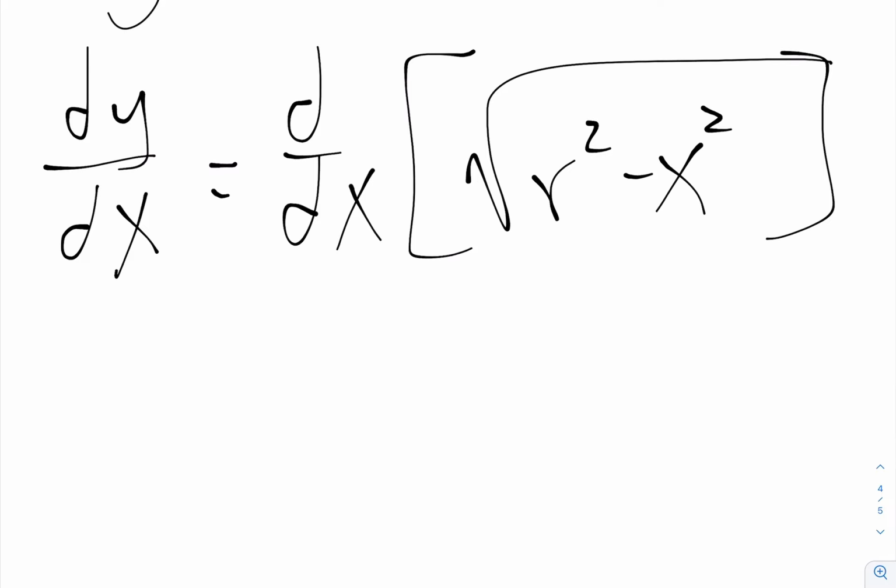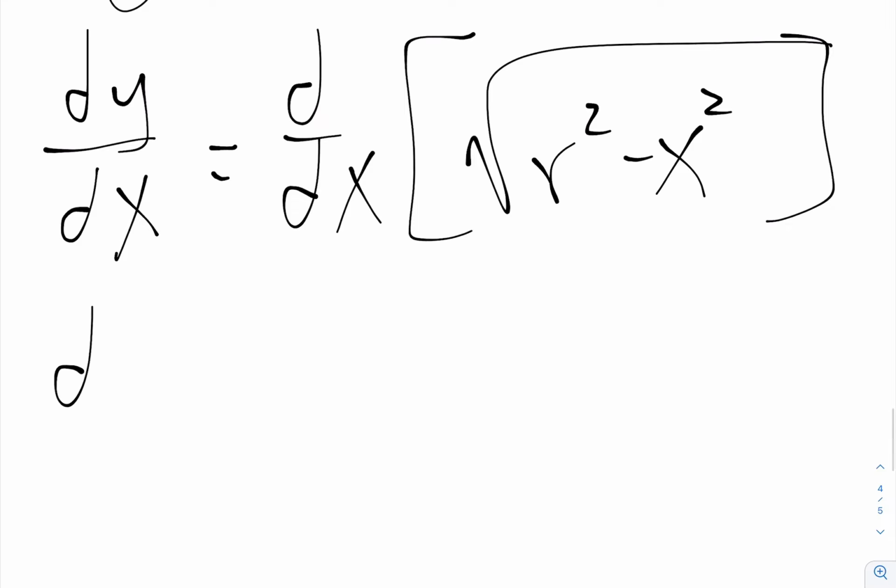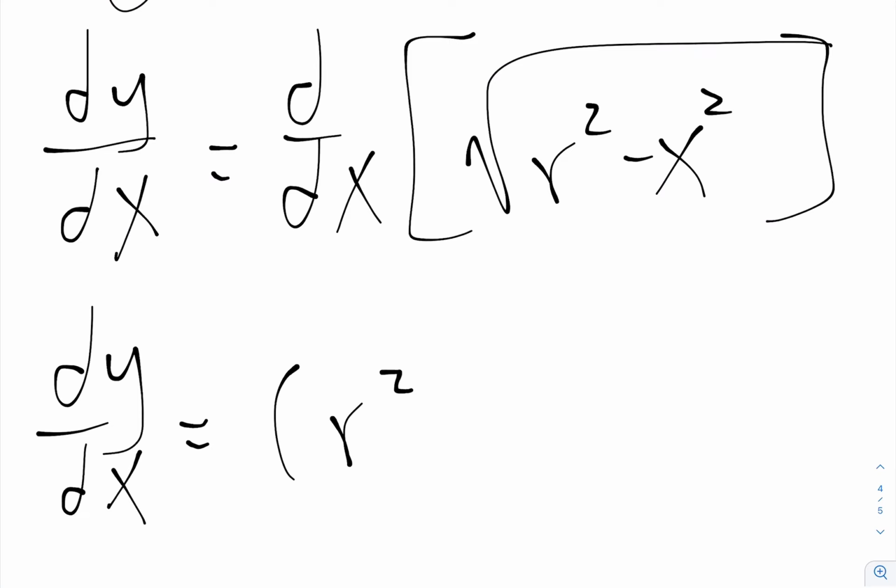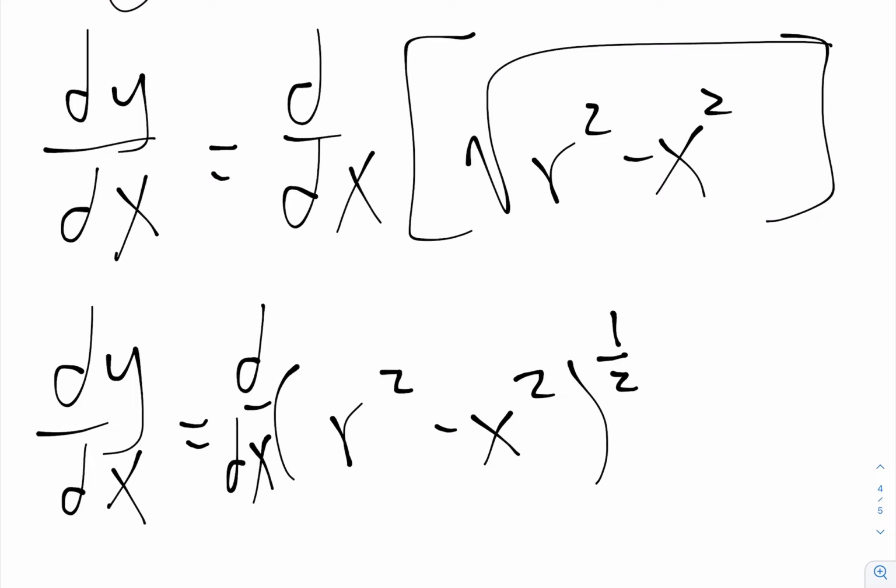So when we're taking derivatives of square roots and functions with multiple things inside the square root, we can rewrite this as r squared minus x squared to the power of 1/2, so d by dx of that. Right?